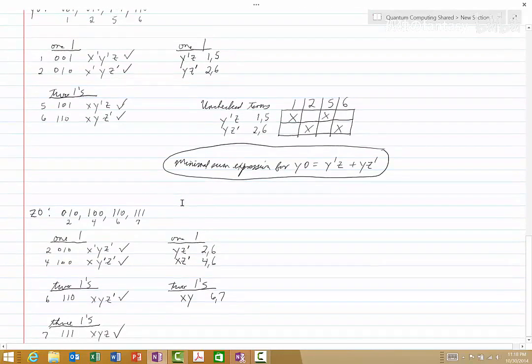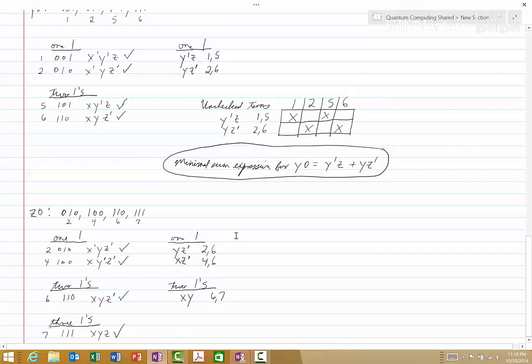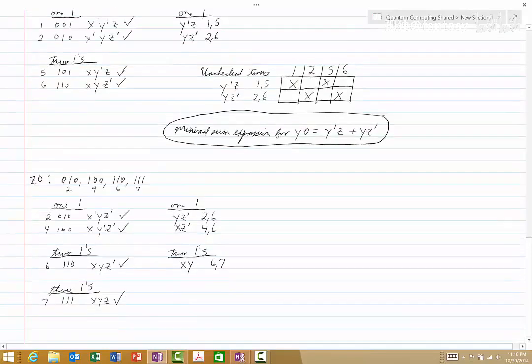But for Z0 we have 2 categories here in the second column, so we at least need to check it, but notice that neither one of these terms will combine with this term, because the 2 variables here are y and z, the 2 variables here are x and z, and neither one of those matches this, which is x and y. So we are done.